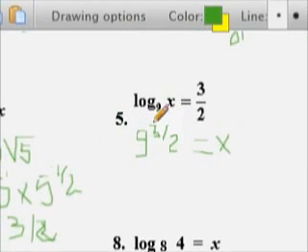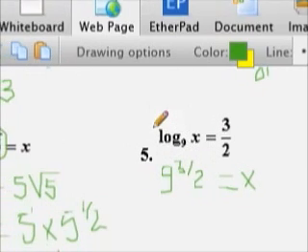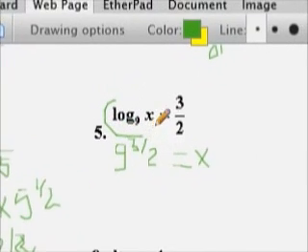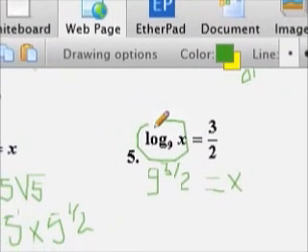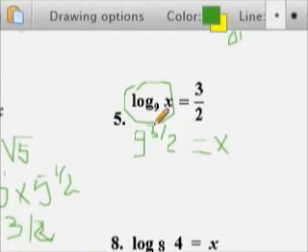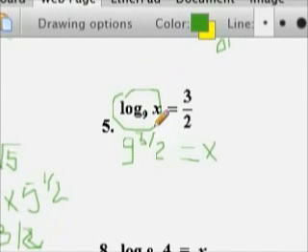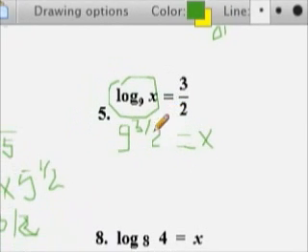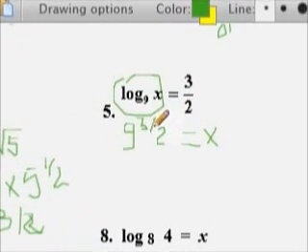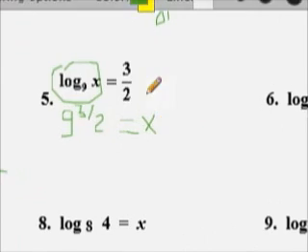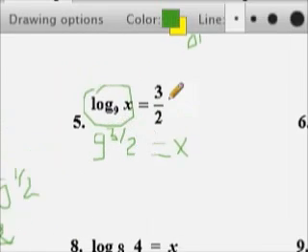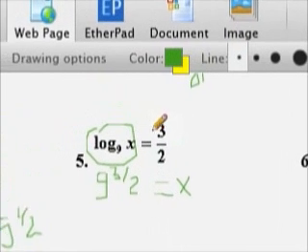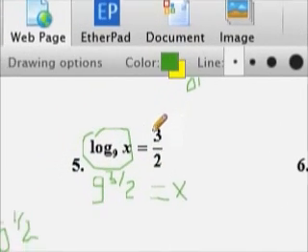Understand, when we try to compute this log base 9 of x, I got the result. So 9 raised to the power of 3/2 equal x. I know the result. That's why I use 3/2, because I know the result. If I didn't know the result, I would say I was trying to figure out the exponent.